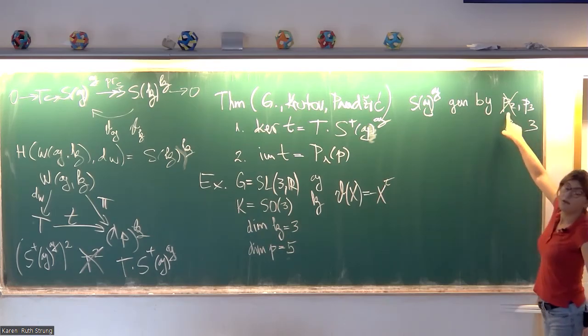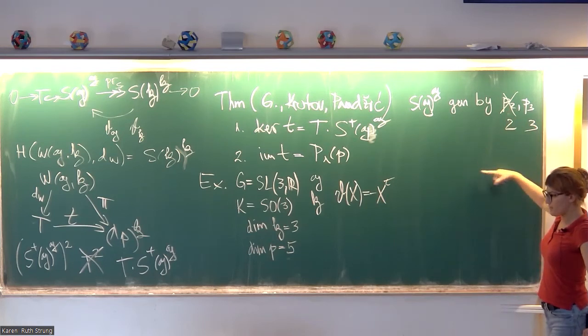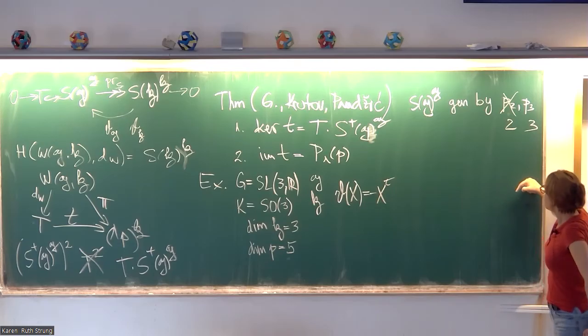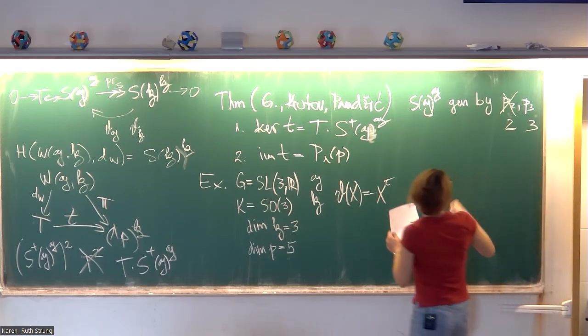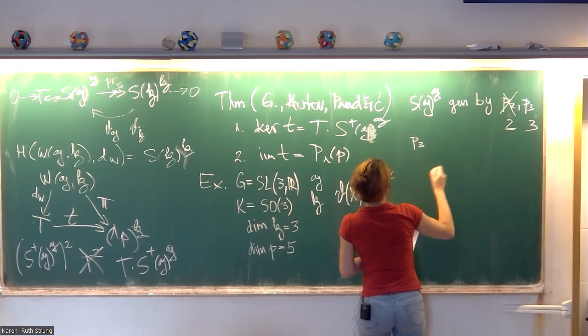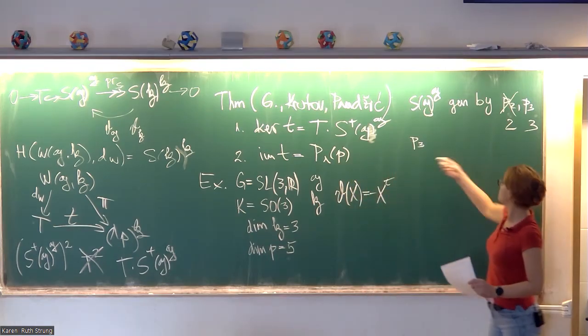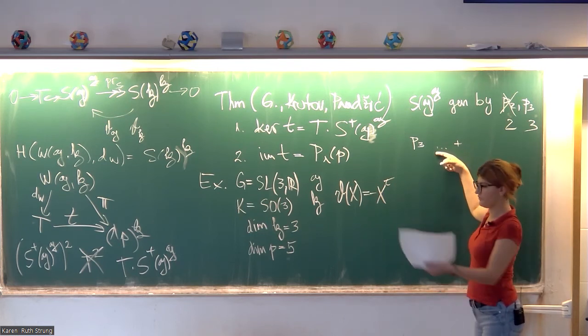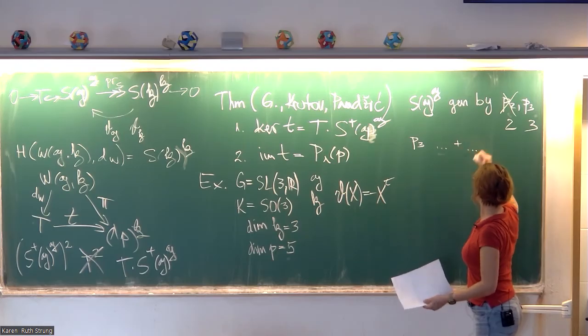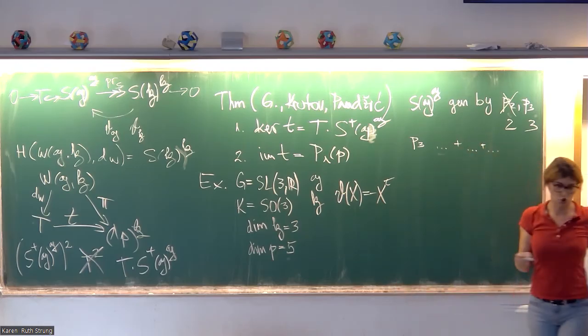Meaning that this one has some summands that purely come as products of elements of K. So that symmetric projection is not going to kill this one, but it is going to kill that one. And so P3 will be like some product of 3 elements of G plus some product of 3 elements of G, and so on.